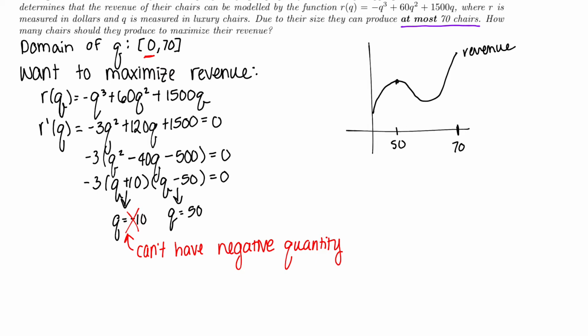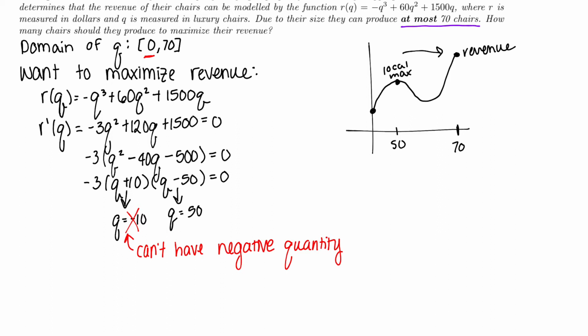So 50 could have a maximum here, right? This is a local max. This is not necessarily what this graph looks like. This is just me trying to explain what could happen. This is a local max, but that maximum there isn't more than the revenue you would make by selling 70 chairs. So it's possible to have local maxes, but not have them be bigger than the endpoints.